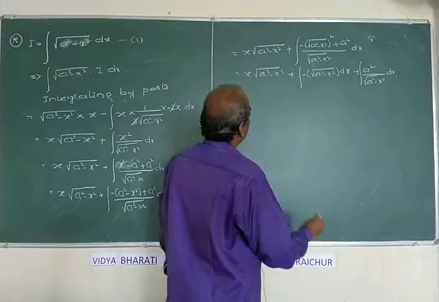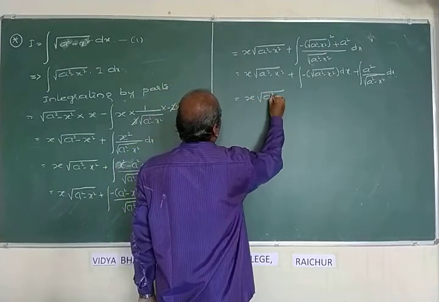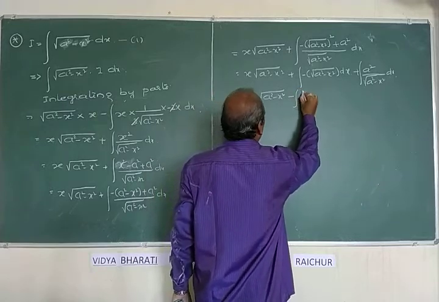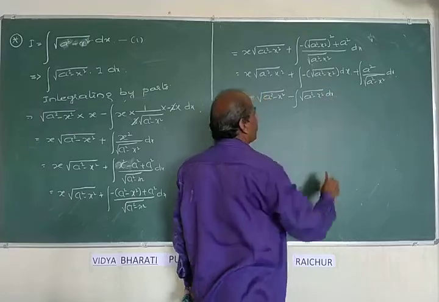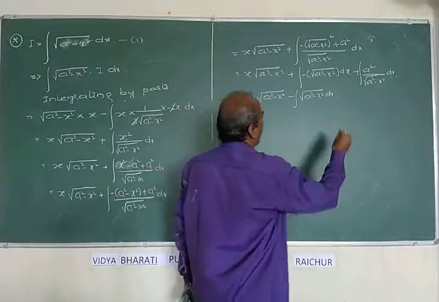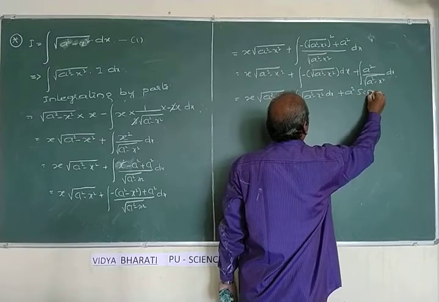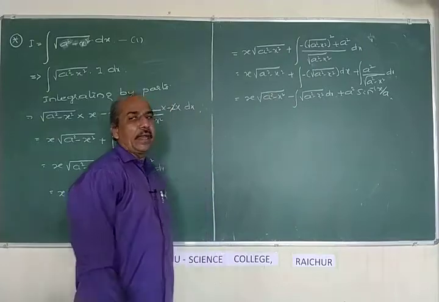Okay. Now x into root of a square minus x square minus integral of root of a square minus x square into dx plus a square into, this directly you can write down sin inverse x by a.